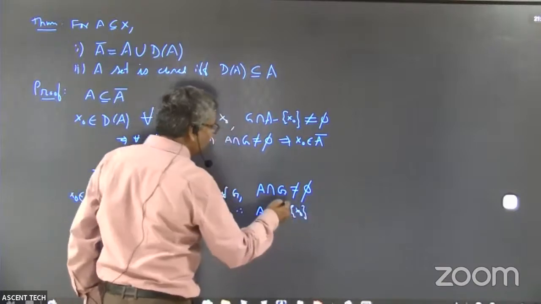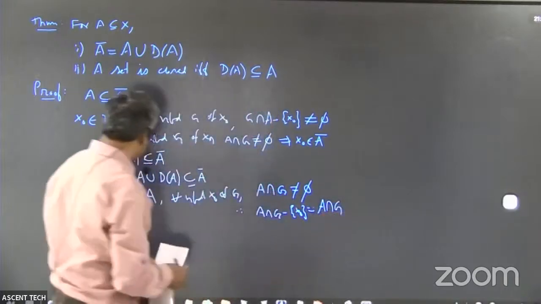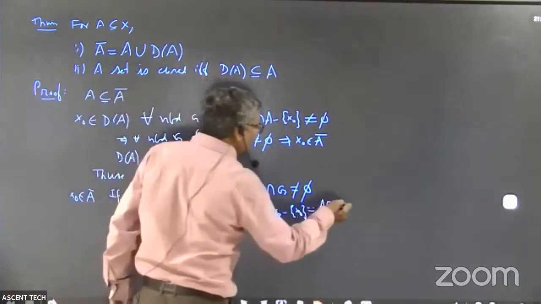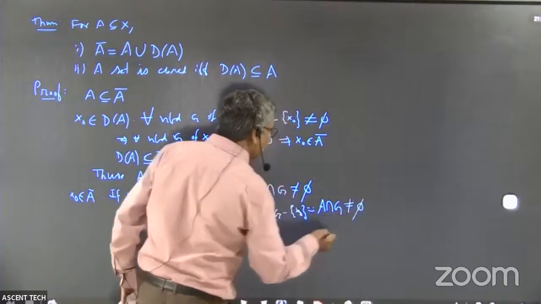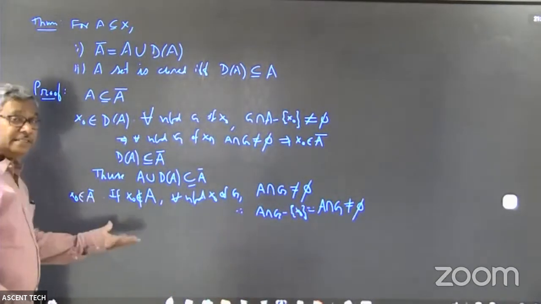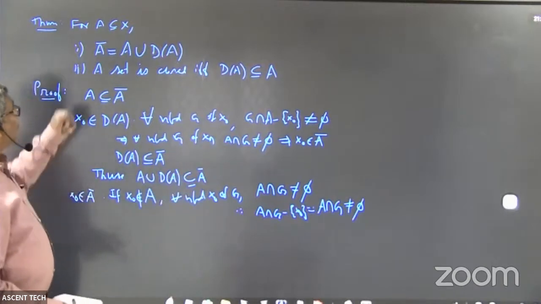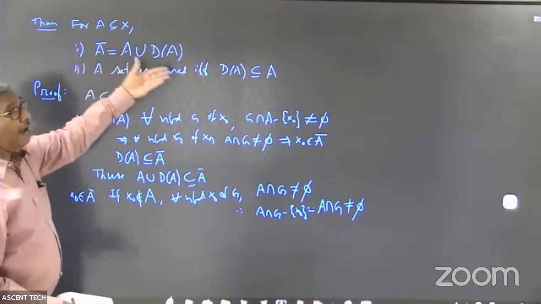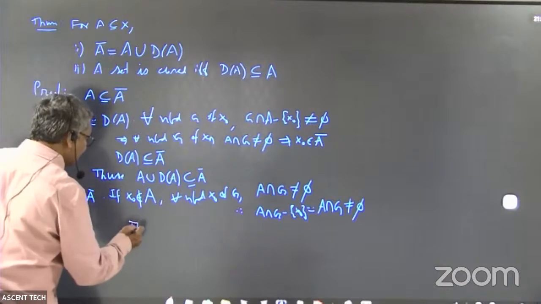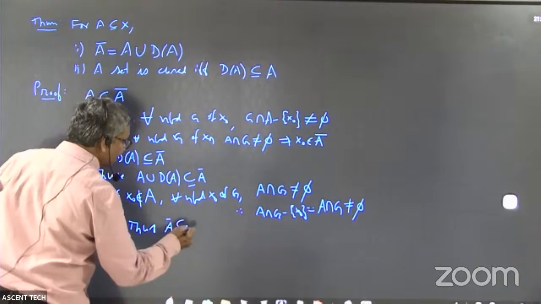X naught is not in A intersection G to start with. This is A intersection G only, because X naught is not in A. And that is non-empty. Therefore, X naught is in the derived set. So X naught I take in A bar, either it is in A, or if it is not in A, it is in dA. So every element X naught is either in A or in dA. So I have proved thus A bar is contained in A union dA.